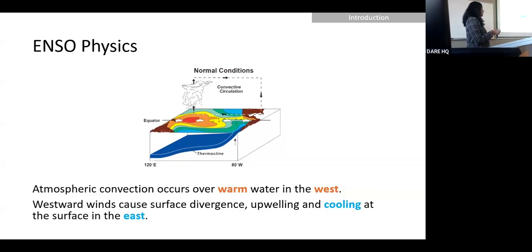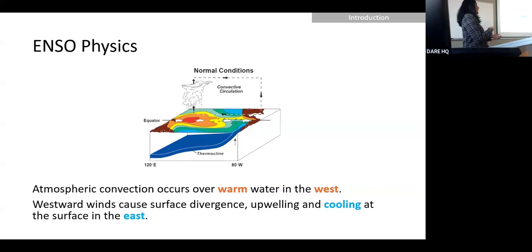At the opposite end of the Pacific, you have cooler waters. And the reason for that is because you have winds blowing from the eastern side to the western side, which means they're pushing water at the surface away from the coastline and away from the equator in a way that leads to colder water that hasn't been exposed to the sun rushing up to the surface. So you get this temperature gradient across the Pacific Basin.